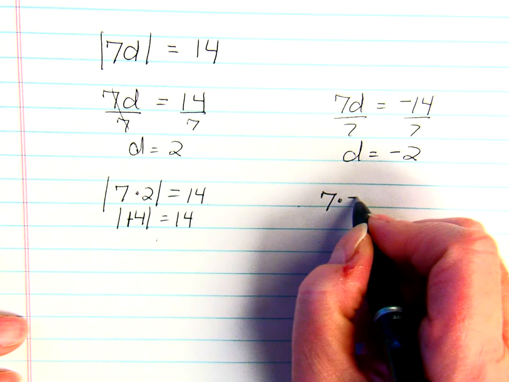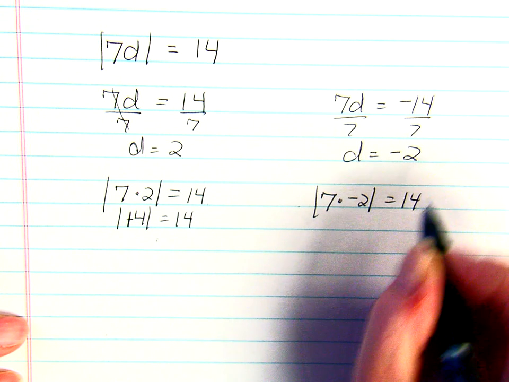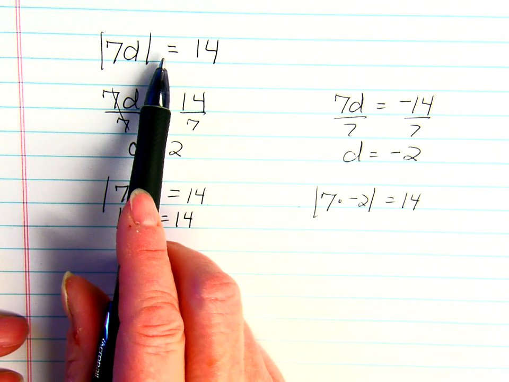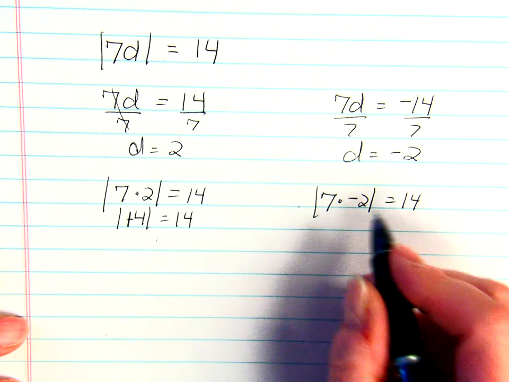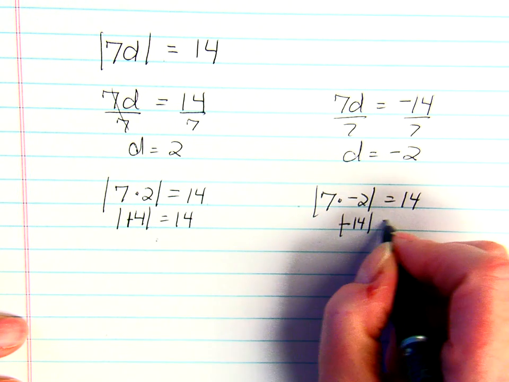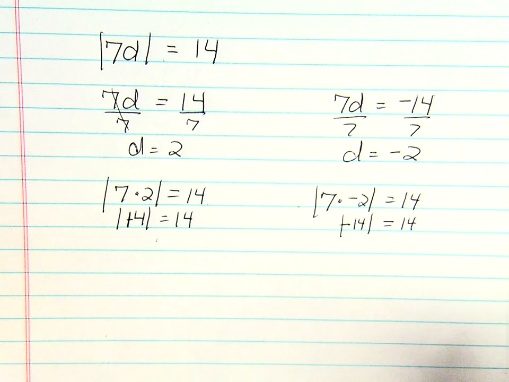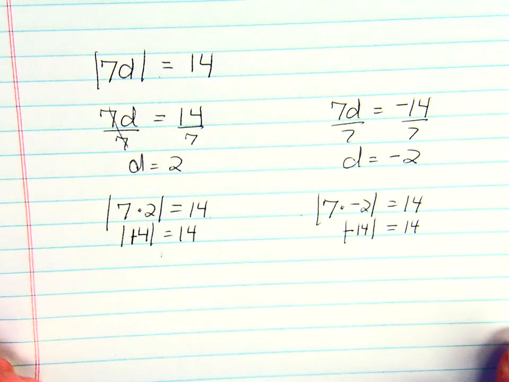And here I have 7 times -2, going back again to that original equation, and this comes out to -14, the absolute value of -14 equaling 14, and that is also correct. My mouth was getting all caught up on 14. So these are your equalities.